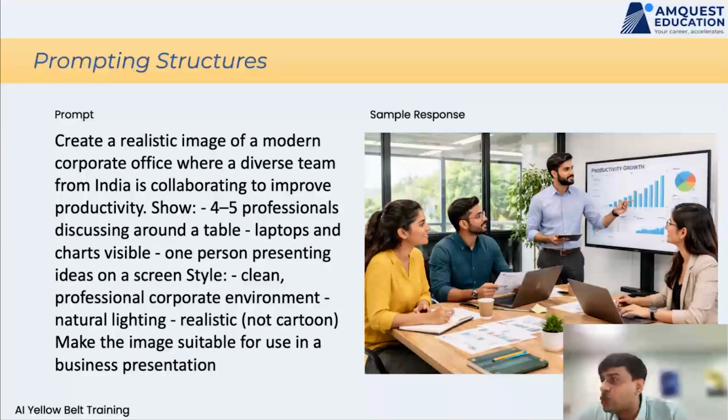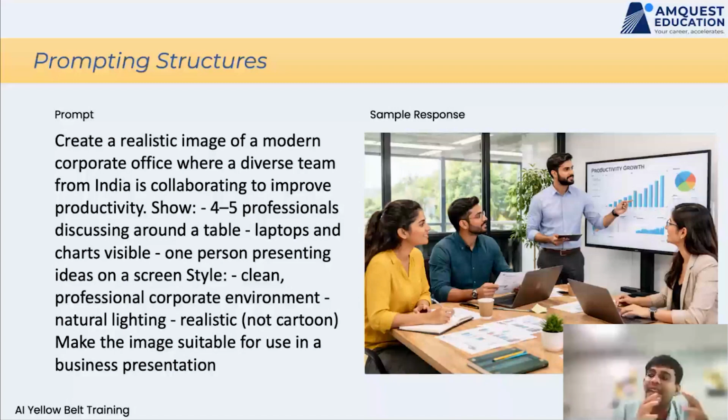All right. So now do all of you believe that the second prompt gave us pretty much exactly what we wanted? 4 to 5 people, laptops, charts, one of them presenting, decent lighting, professional environment. Do you believe we got what we wanted? And in the previous example, did we get that?